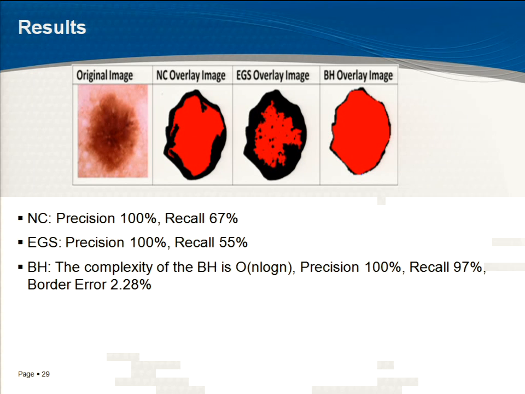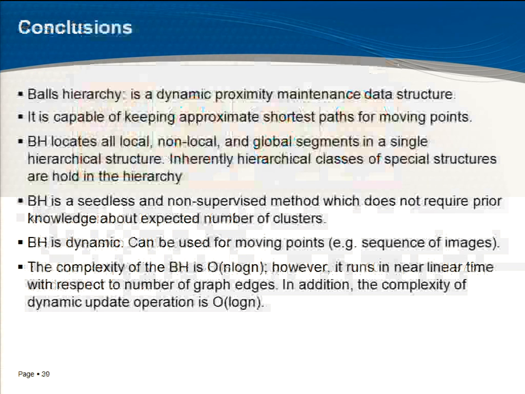For ball hierarchy, it's n log n, but we are trying for O(n) computation time. Precision is a little bit over 90%. Border is 2.28. So as you can see, this is the most effective one.